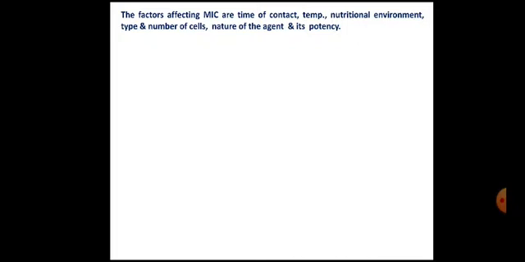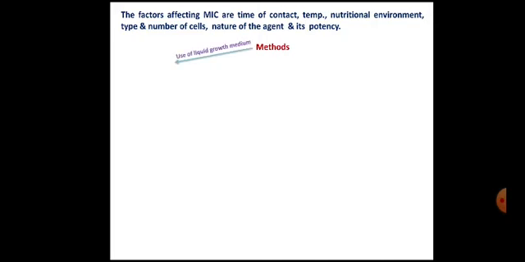The factors that affect MIC are the time of contact of antibiotic with the indicator microbe, the temperature, the nutritional environment required for the growth of the pathogen, the type and number of cells of the indicator microorganism used in in vitro testing, and the nature of the agent, meaning the physicochemical properties of the antibiotic and its potency, that is its power of killing or inhibiting growth.